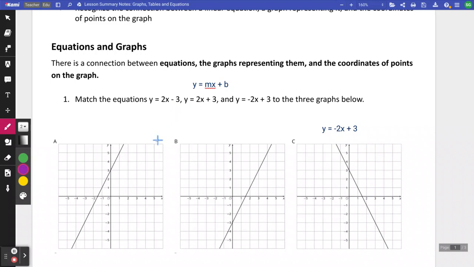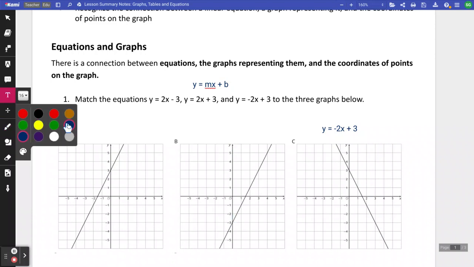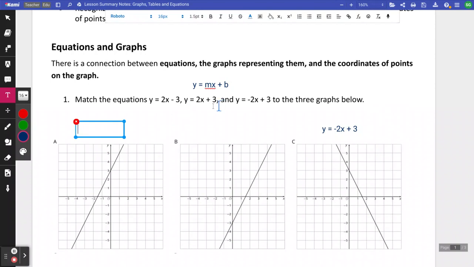So when I'm looking at these two graphs, I notice this graph right here intersects our y-axis at a positive 3, and graph B intersects our y-axis at a negative 3, which means when I go to match those equations, graph A is going to match with this middle equation here, y equals 2x plus 3, because it needs that positive y-intercept at positive 3, which means graph B is going to be y equals 2x minus 3.